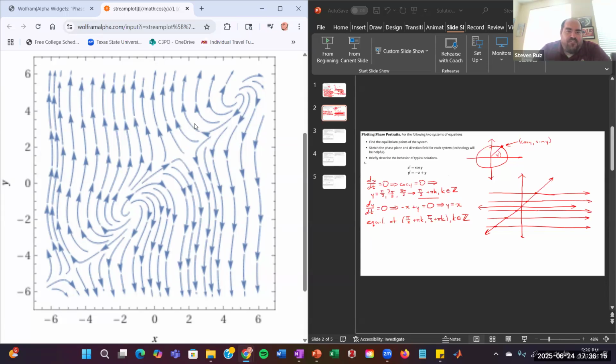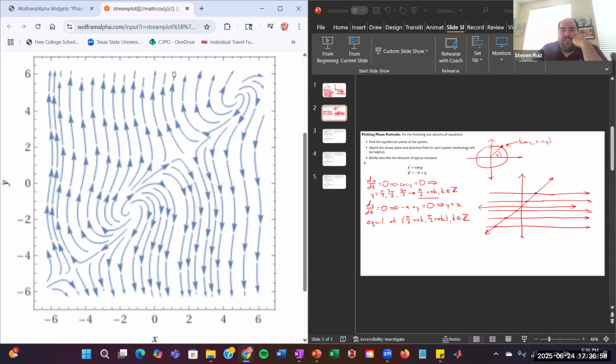But from other points, it looks like things run away from it. So the stability depends very much on the heading you come from. In fact, if you're along the line y equals x, this might be stable. This arrow is pointing into it, this arrow is pointing in. But if you're on a perpendicular heading, it looks more clear that those are going to be like sources, filtering away.